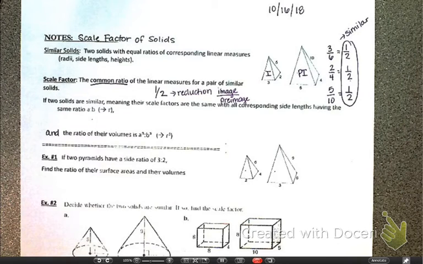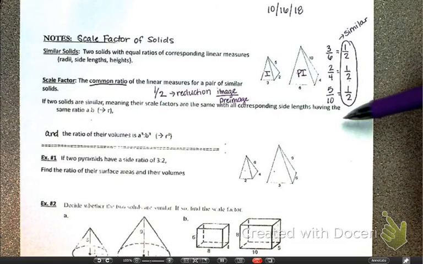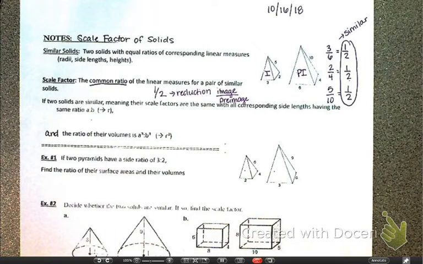So if two solids are similar, meaning their scale factors are the same with corresponding side lengths, they have a ratio of A to B, right? We have our ratio. When we're dealing with volume, our ratio changes a little bit. What are our units for volume? Cubed, right? Something cubed.